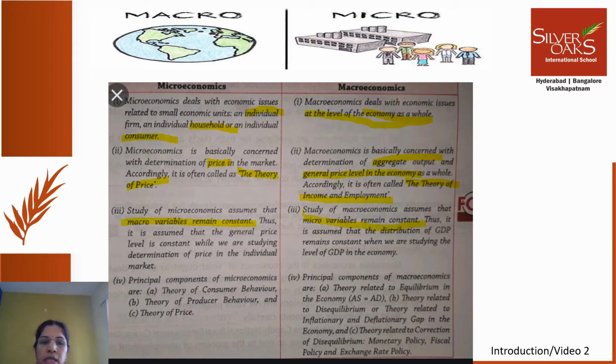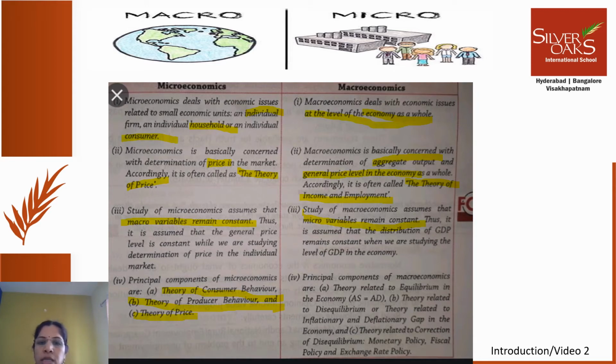Now the fourth point is, what are the principal elements under microeconomics? The principal components are theory of consumer behavior, theory of producer behavior, and theory of price. All these are covered in microeconomics, and we will study them in the subsequent chapters.